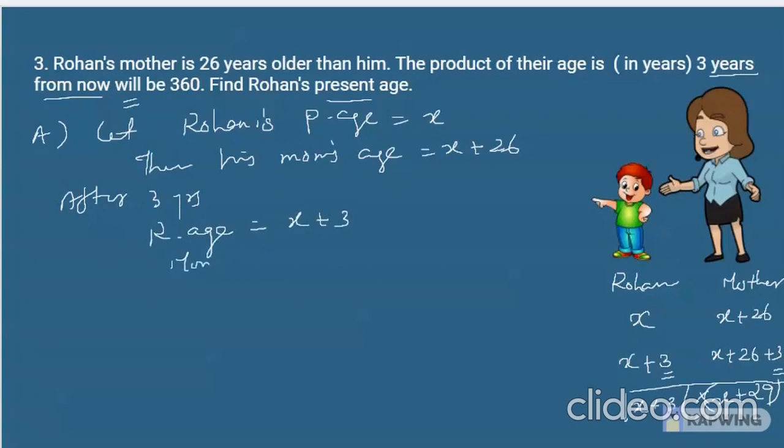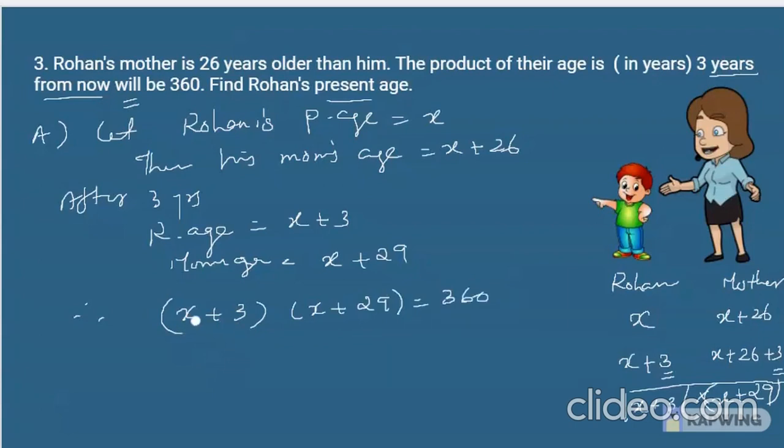And what about mom's age? Mom's age is equal to x plus 26 plus 3, that is x plus 29. Therefore, by the condition what can you write? Product is equal to 360. Therefore, x plus 3 into x plus 29 is equal to 360.